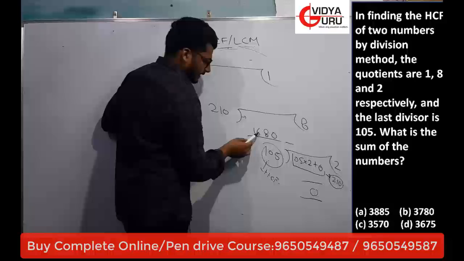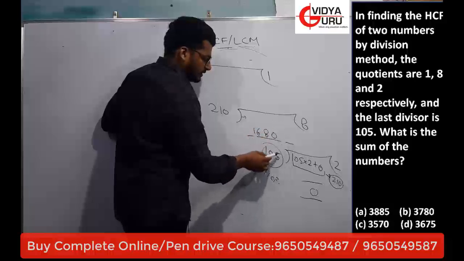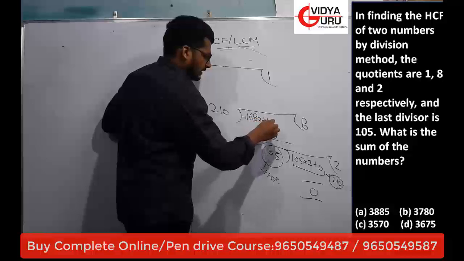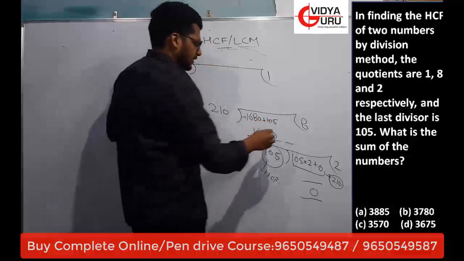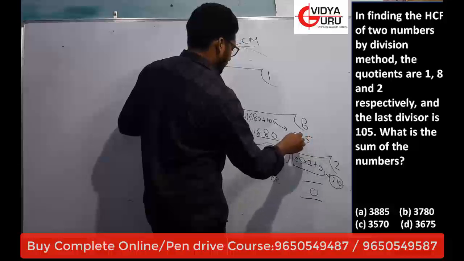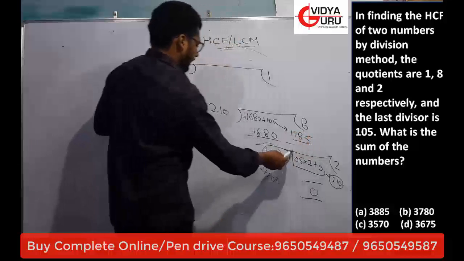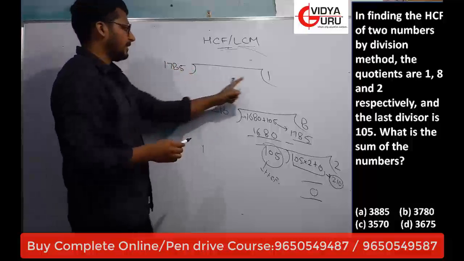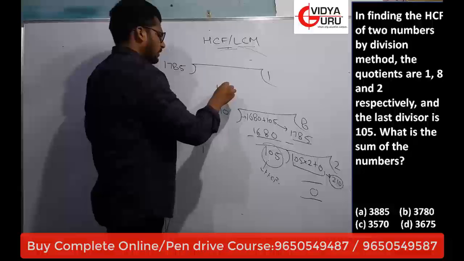When subtracting 1680 from it, 105 will come. So the number here will be 1680 plus 105, which is 1785.